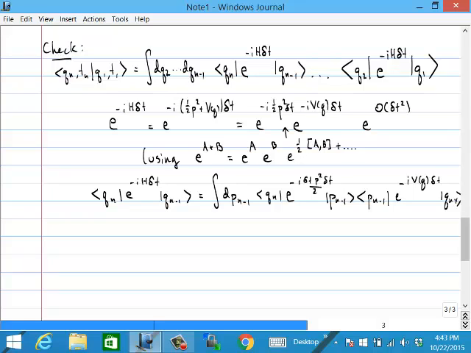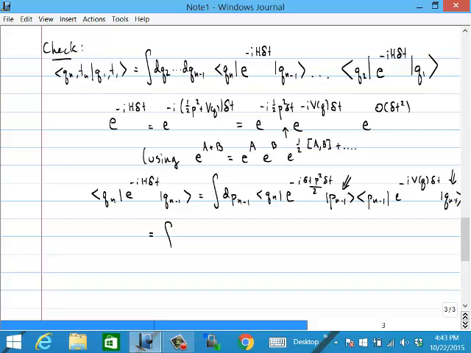And now I can use the fact that pn minus 1 here is a momentum eigenstate, and that qn minus 1 here is a position eigenstate, to replace those operators p squared over 2 and V of q by just functions of pn minus 1 and qn minus 1.